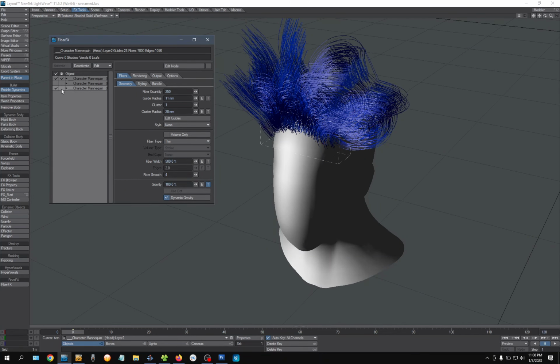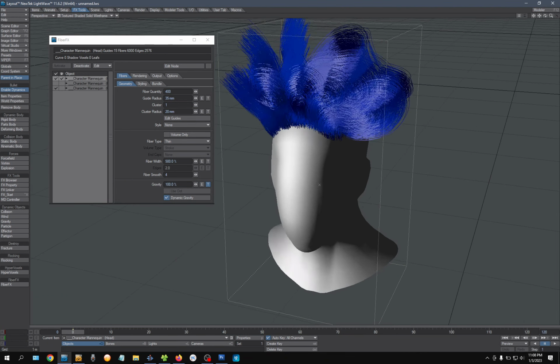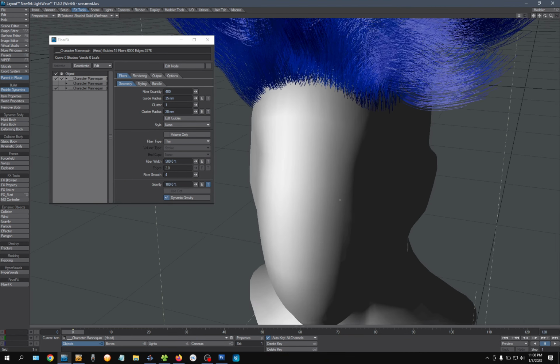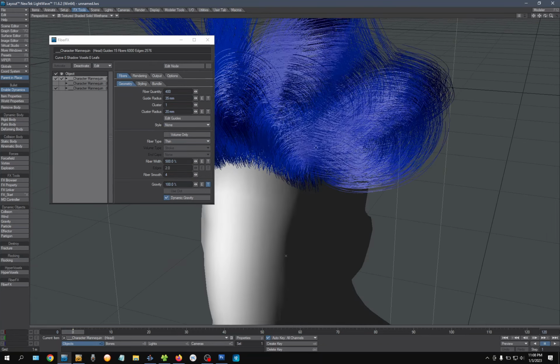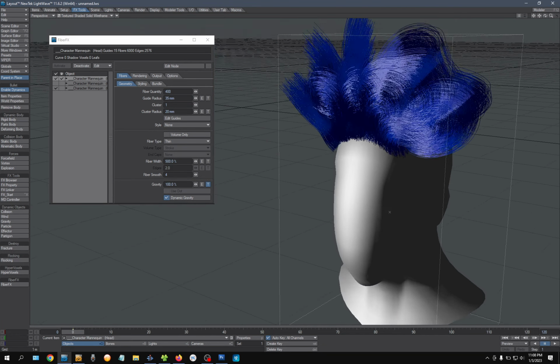Usually I would just leave this guy here alone and just use this instead, because it doesn't look too bad, honestly. It's not fantastic, but it's not horrible either.